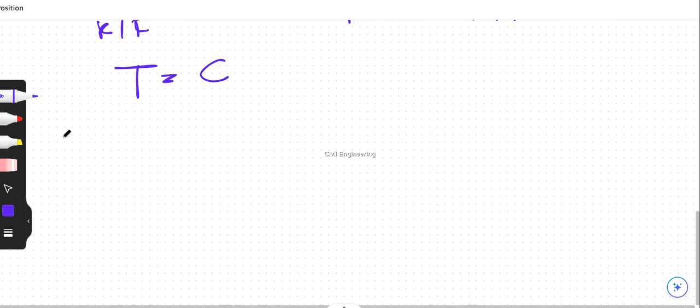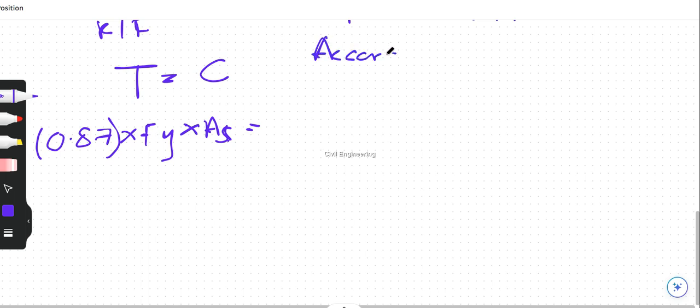Okay, as tensile forces are equal to compression forces, the tensile force carried by the tension reinforcement is equal to 0.87 into Fy into As. Here, these values are from BS 8110. We can see these equations there.